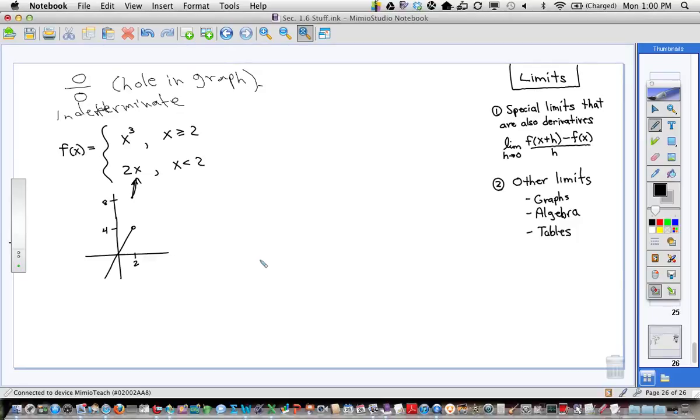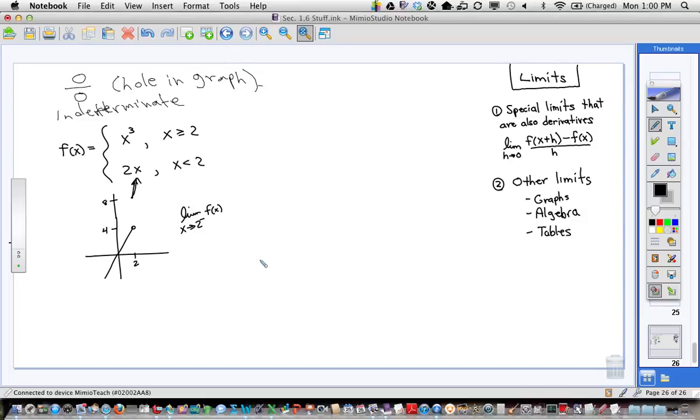Well, the two cars aren't going to meet, are they? So if I ask you, what's the limit as x approaches 2 of that function? We'd say does not exist, because the two cars don't meet. What if I said as x approaches 2 from the left?